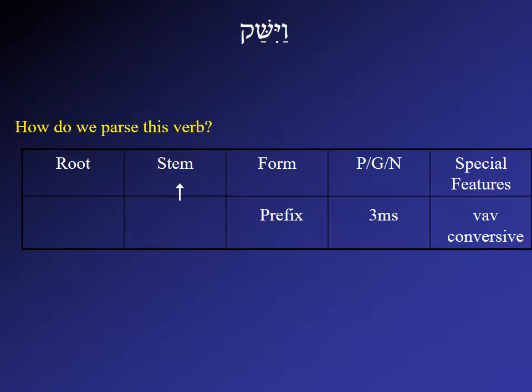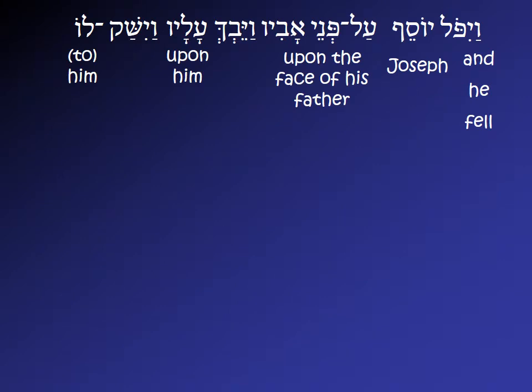The stem again is, we've got a dagesh in the shin. We've got a hirek under the yod. And again, this is going to be kal of a first nun root, so nashak, and it means and he kissed. So let's put that into place, and he kissed.